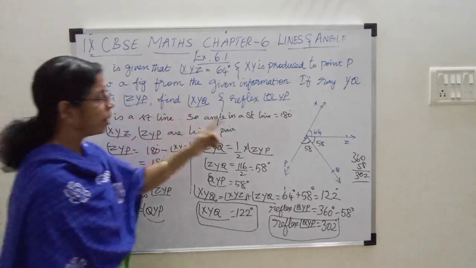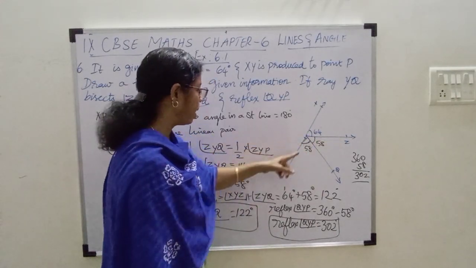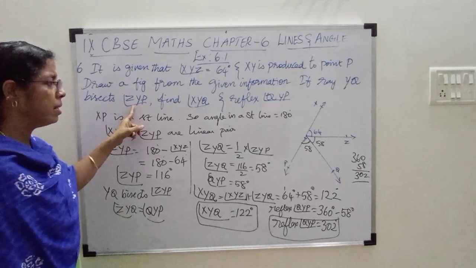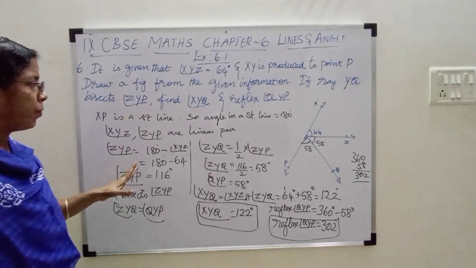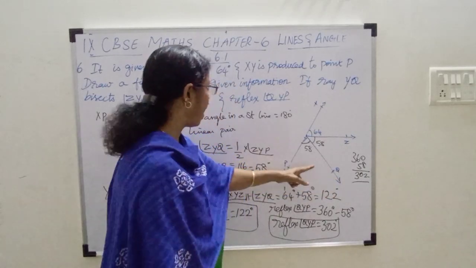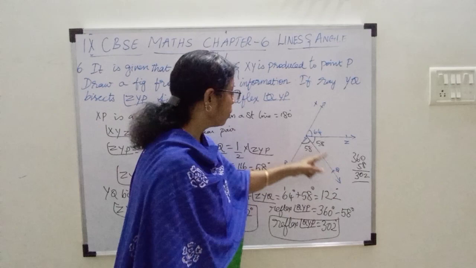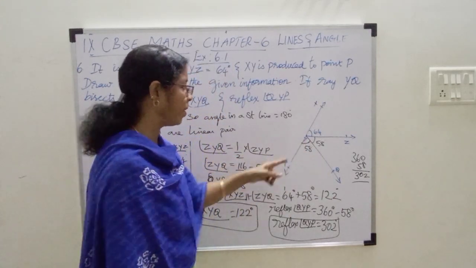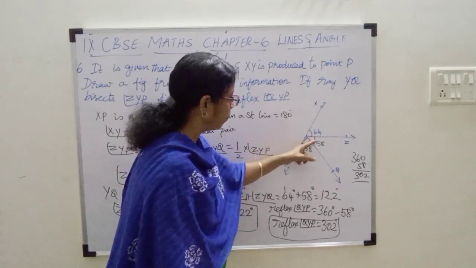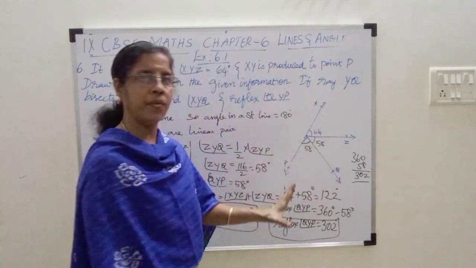Then YQ is drawn in such a way it bisects the angle ZYP. Now we are supposed to find out angle XYQ and reflex of angle QYP. ZYQ கண்டுபிடிக்கணும். QYP ஓட reflex angle.